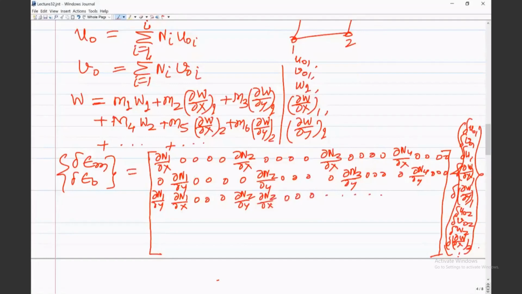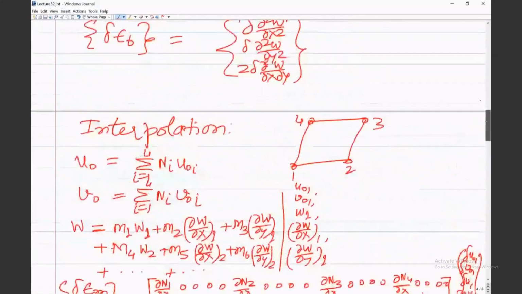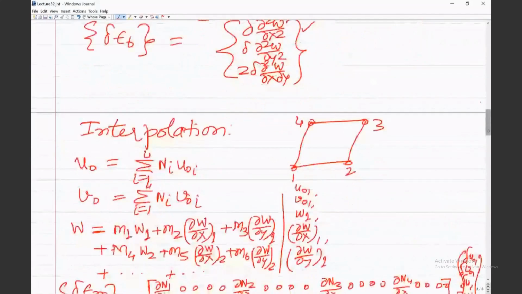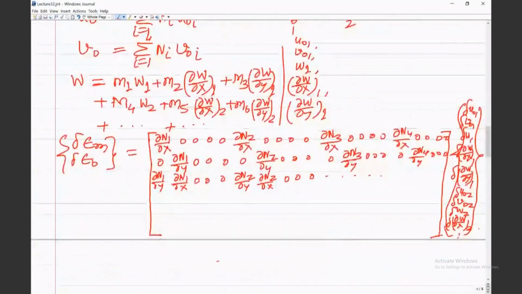Then now, in the linear part, if you look at epsilon b, we have delta of del 2 w by del x square. So that goes with the degrees of freedom w1, del w by del x and del w by del y and so on.